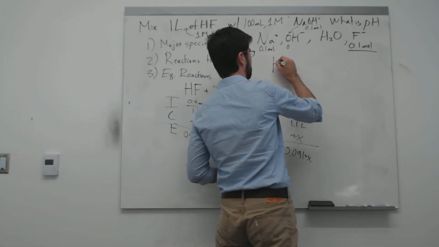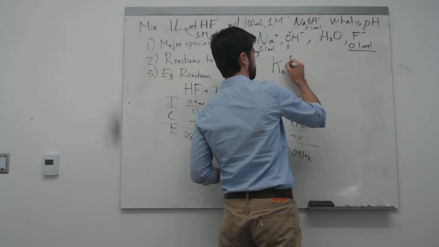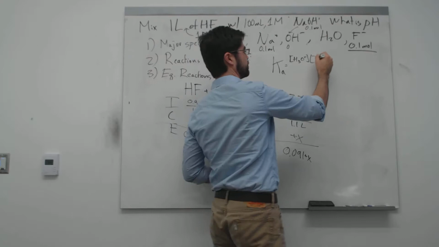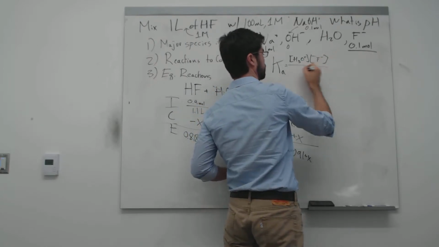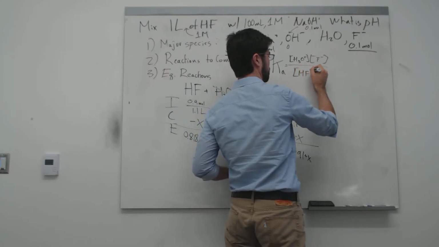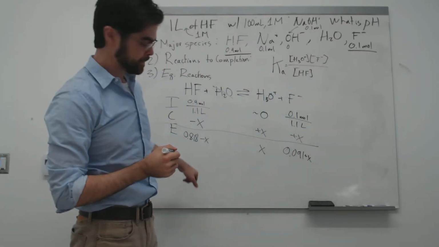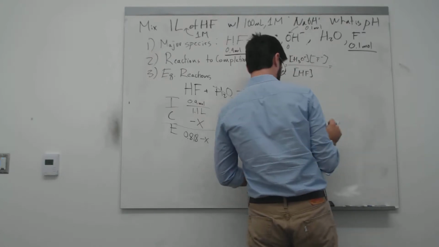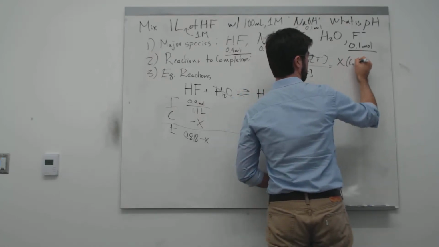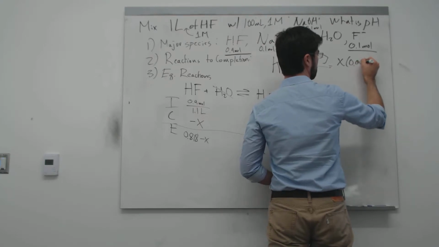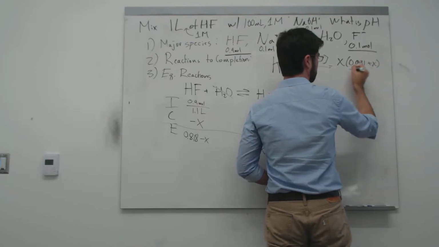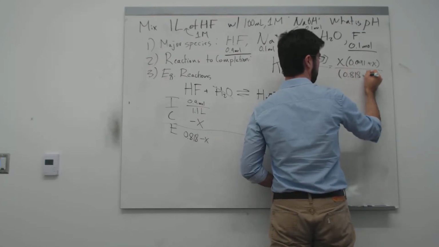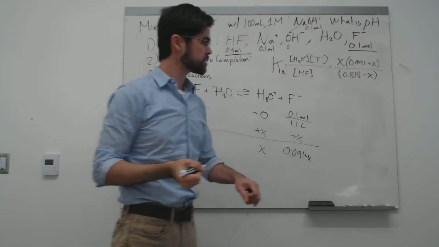And then I can plug that into an equilibrium expression. It should be the concentration of hydronium times the concentration of the fluoride ion over the concentration of HF. I have these concentrations, so I get that this should be x times (0.091 plus x) over (0.818 minus x).